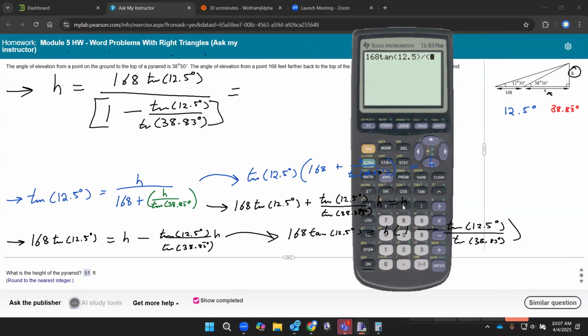Divided by 1 minus the ratio of tangents, 12.5 divided by the tangent of 38.8. I'm going to add a few threes there because I did there. All right, and we get 51.4.